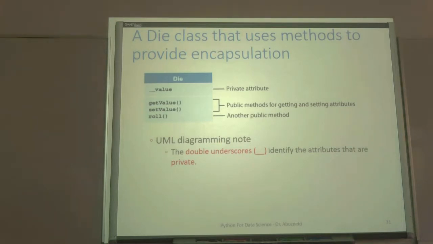So let me ask you, you're an expert, right? You did it in Java. Can you tell me what private does when you make an attribute private? What does it do? So public is access to everyone.